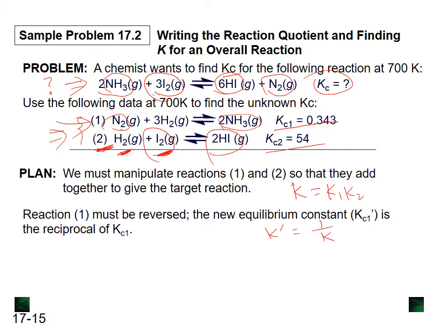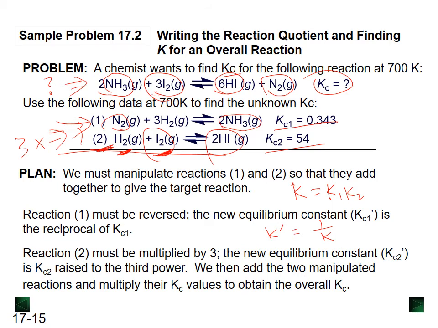So that indicates that you need to multiply the second reaction by 3 on both sides, and that gives you iodine and hydrogen iodide. So if we multiply by the number 3, then the new equilibrium constant should be the original constant raised to the power 3. Remember in the last slide, you raise to the nth power if you multiply by a common number n.